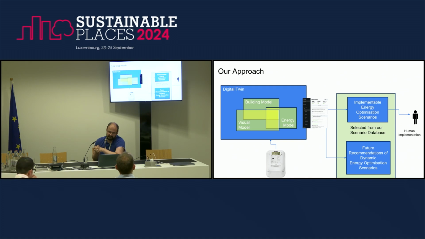And actually, what we're providing for people is implementable energy optimization scenarios. So we're providing people with energy saving scenarios and things that they can actually implement in their buildings. So these are static things like, maybe you can change your set points. Maybe you can look at your heating and insulation.